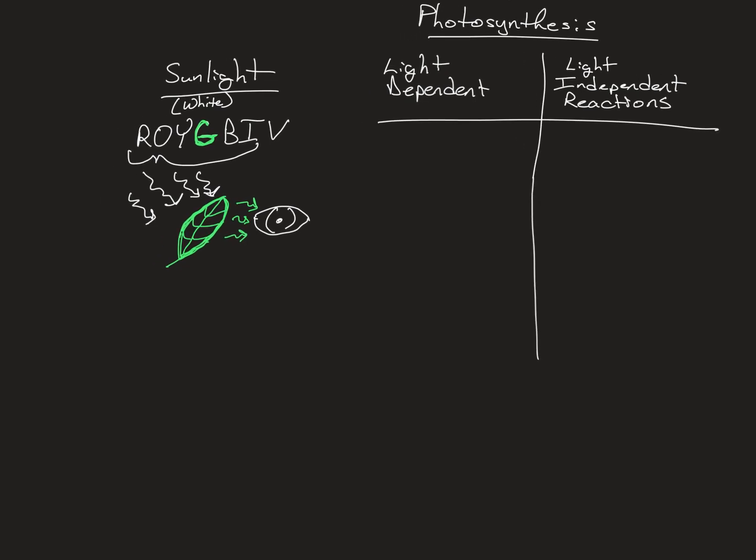So light is going to be absorbed, and that light, along with water, is going to be used in what we call photosystem 2 first, and then again in photosystem 1.